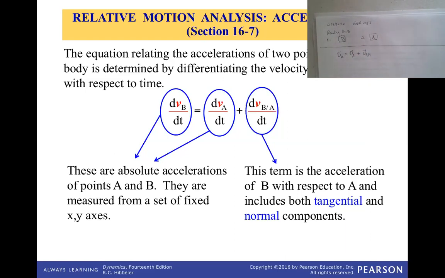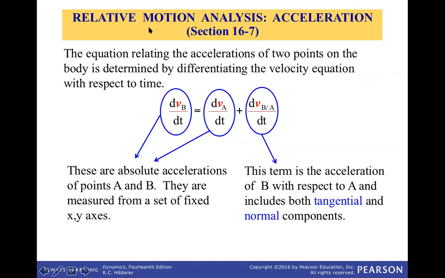If we are looking for oscillation, then we are going to take the time derivative of the equation, on the right hand side and on the left hand side. The time derivative of V_B gives you the oscillation of point B, which should be equal to the oscillation of point A plus the relative oscillation of point B with respect to A. That's the equation this slide shows.